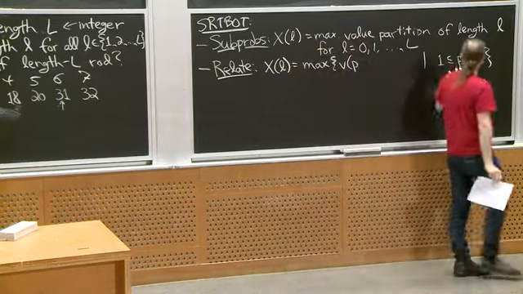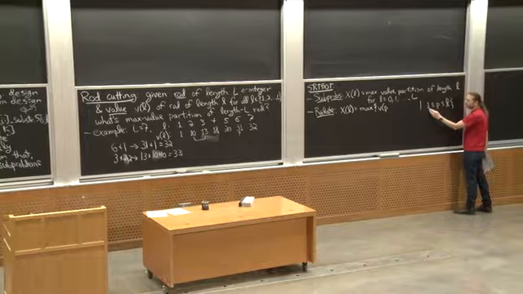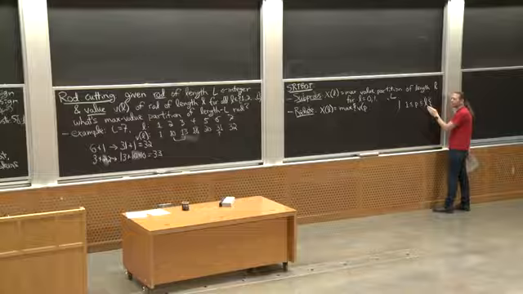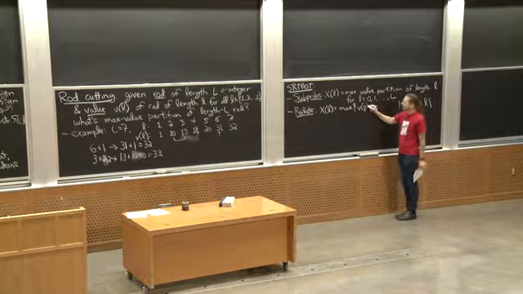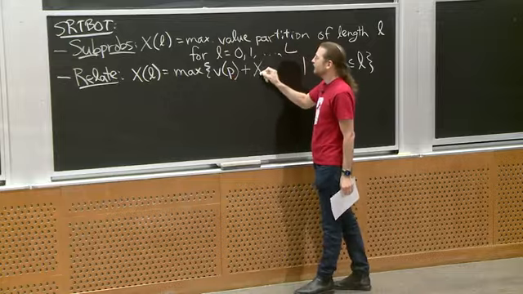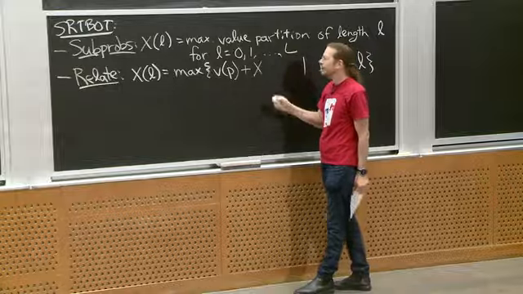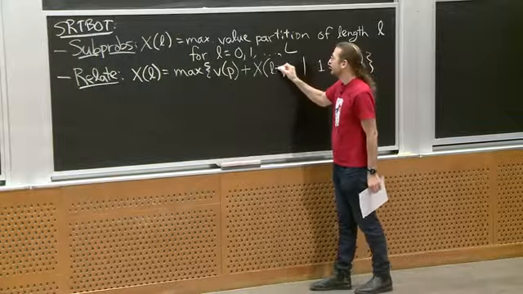And I want to choose how much of that rod to sell in the next piece. So I could cut off something of length 1, or I could sell the whole thing, or cut off any piece size in between. And the money I will get for that is whatever the value of that piece is, plus, recursively, the maximum I can get from the remaining length, which is little l minus p.